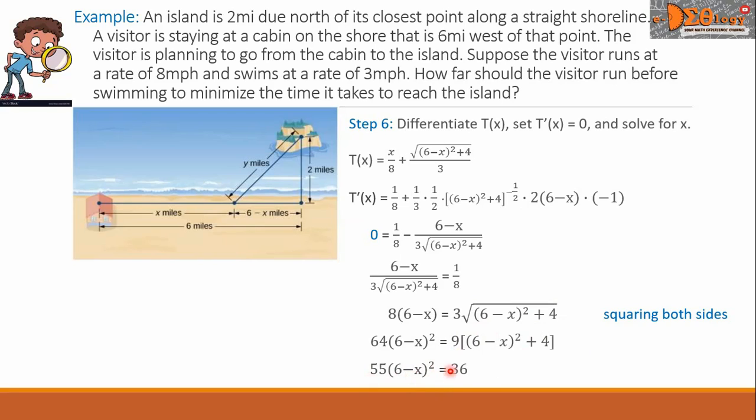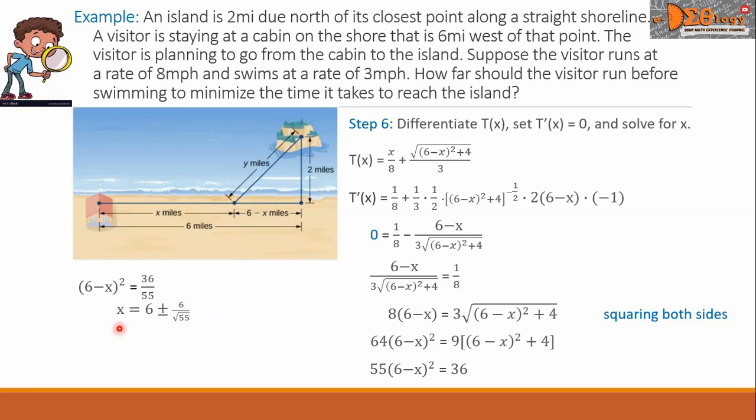Let us divide both sides by 55. So we get 36 over 55 on the right side, while the left side will be the square of the quantity 6 minus x. Let us take the square root of this equation and then solve for x. The value now becomes x equals 6 plus or minus 6 over the square root of 55.